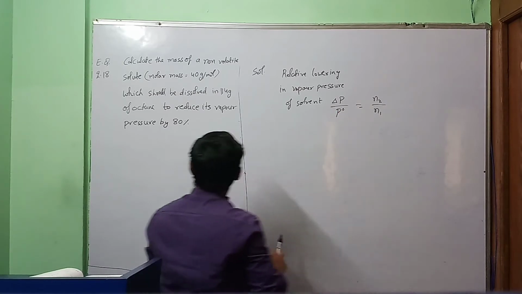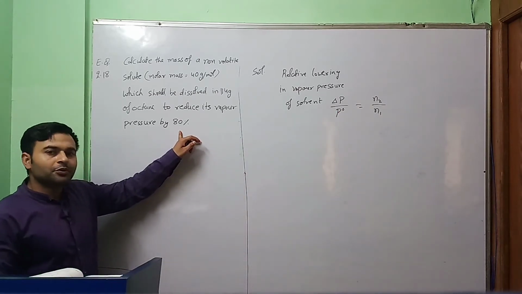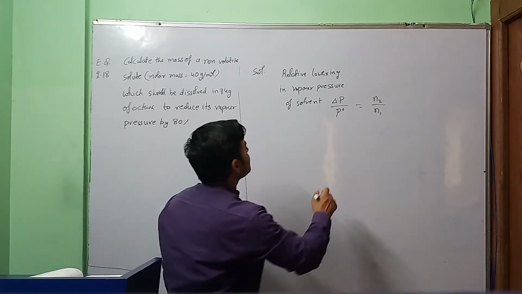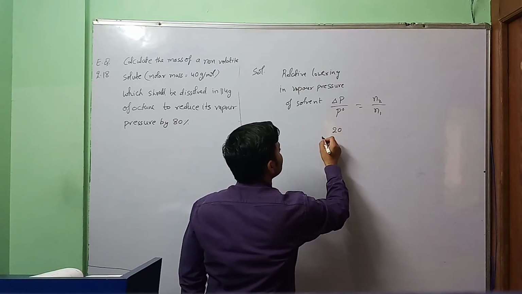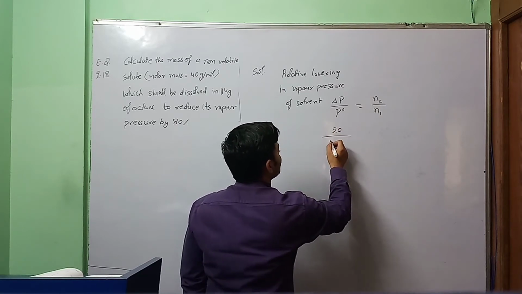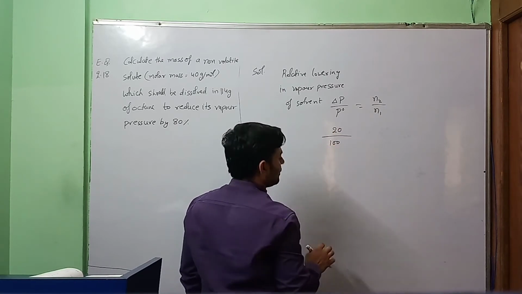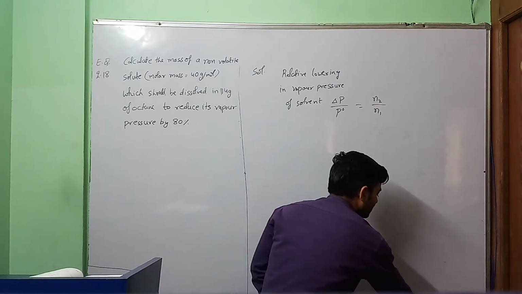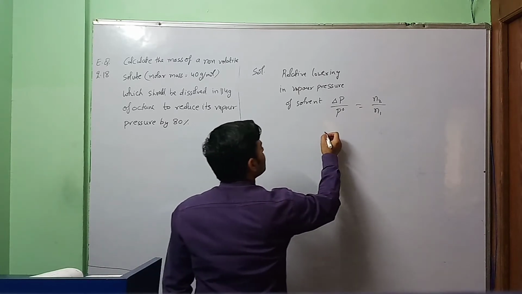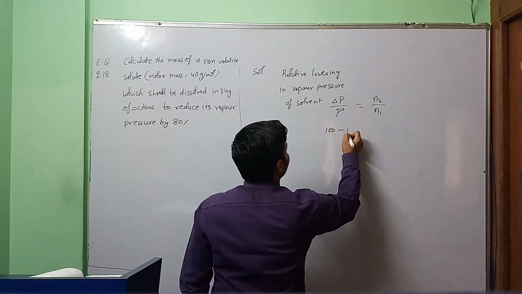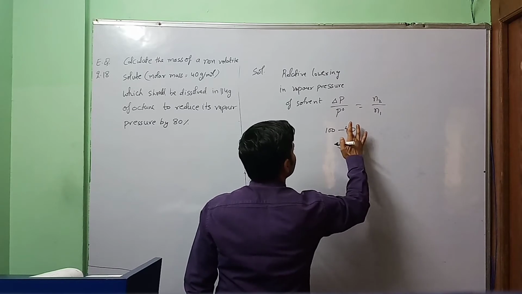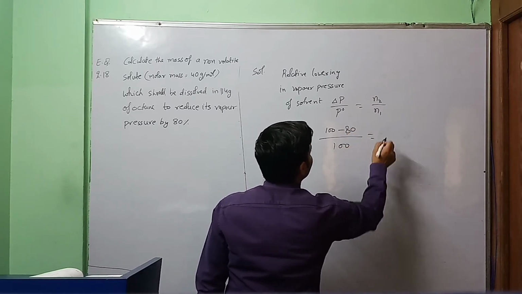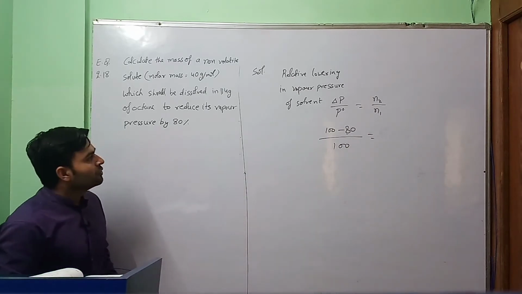So the vapor pressure is to be reduced to 80%. So lowering in vapor pressure will be 20%. So we can write it as 20 upon 100, or we can take it as 100 minus 80 upon 100 equal to N2.